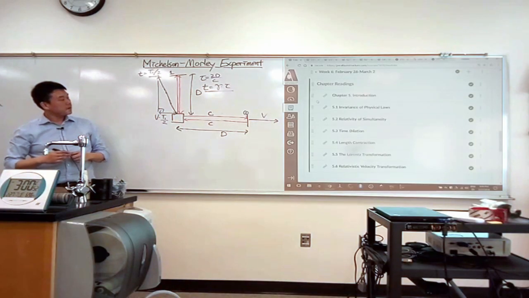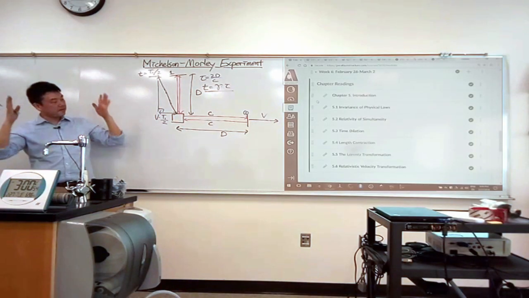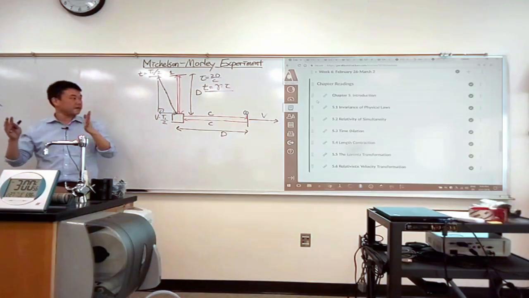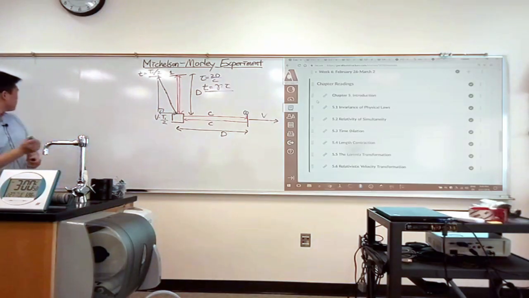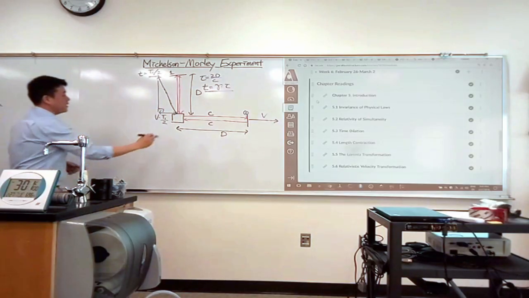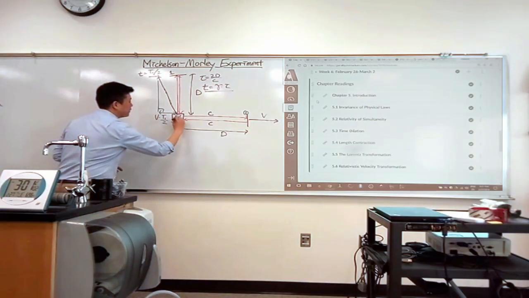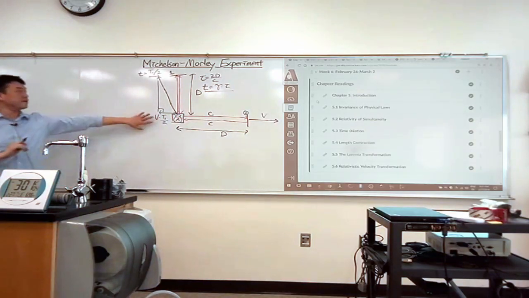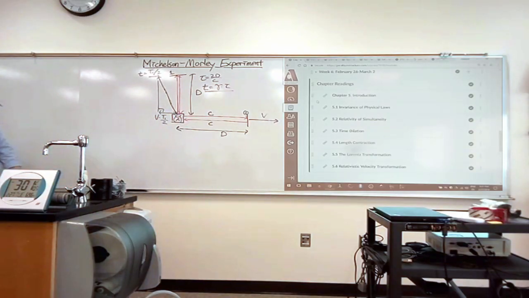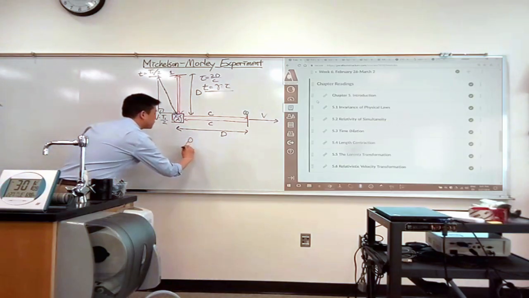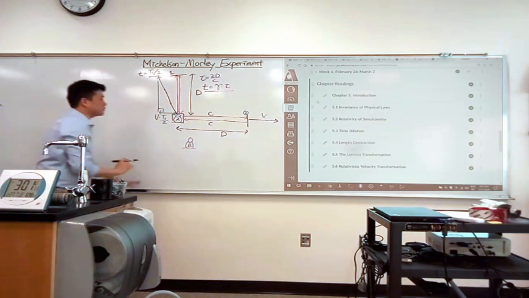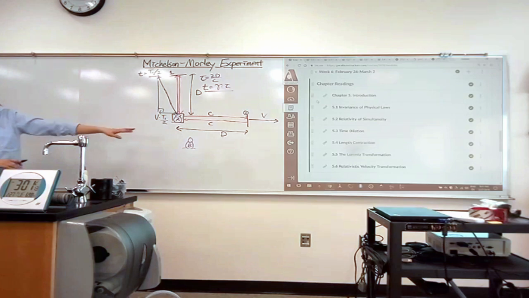I'm going to stay in my own frame. Let me set up my observers this way. A is the observer who's traveling with my Michelson interferometer.